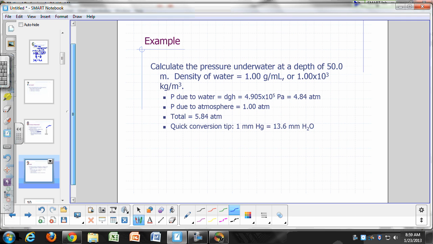Now, what would be the pressure underwater at a depth of 50 meters? So let's say you're underwater, 50 meters deep, and what would be the pressure that you would feel down there?